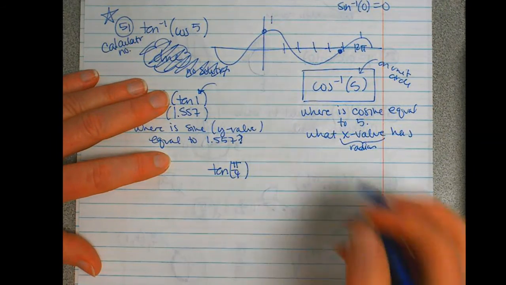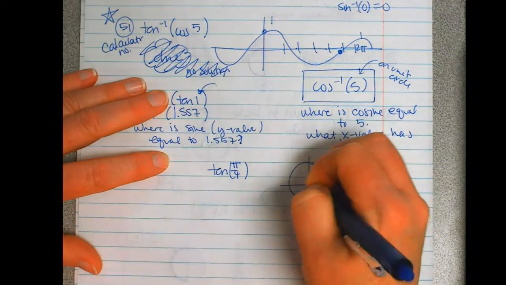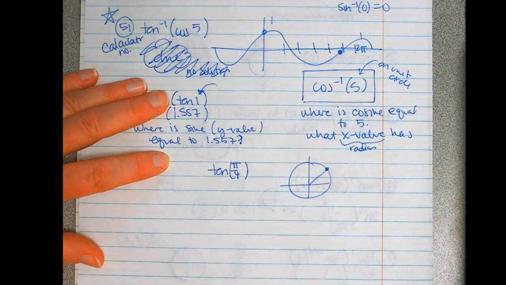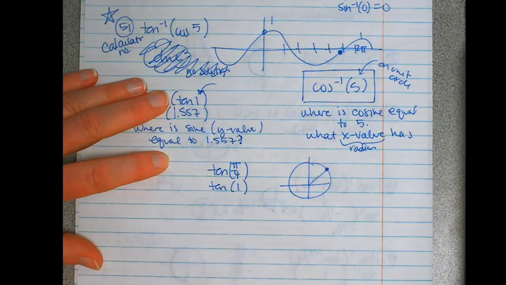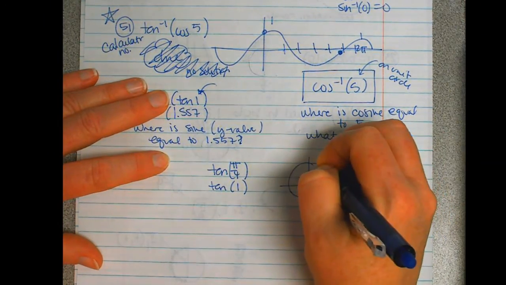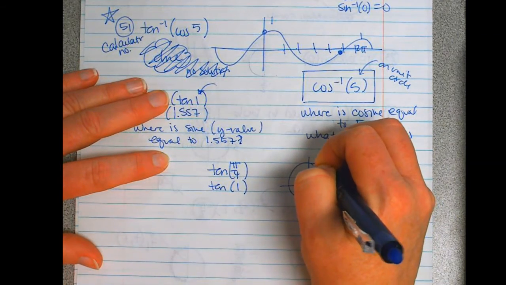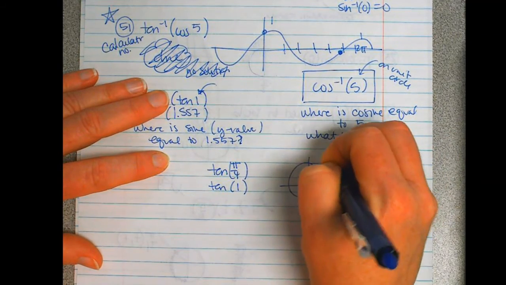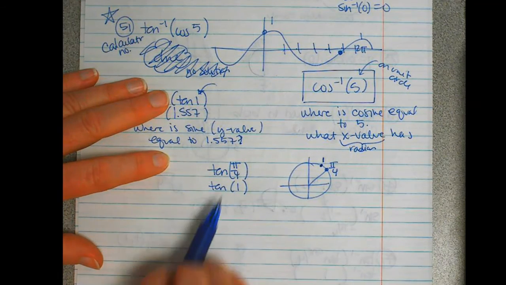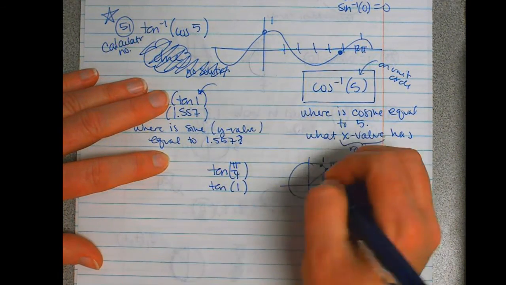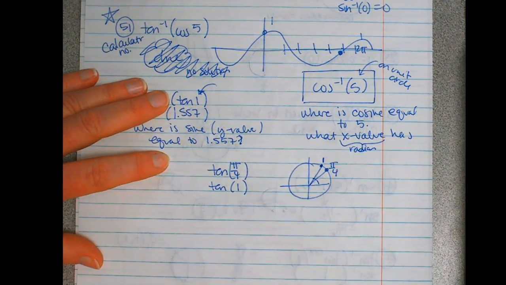So on the unit circle, pi over 4 is this guy, right? Yes. Okay, well, tangent of 1 means go to 1, which is going to be here. This is 1 and this is pi over 4. Like this is the angle. This is how far.